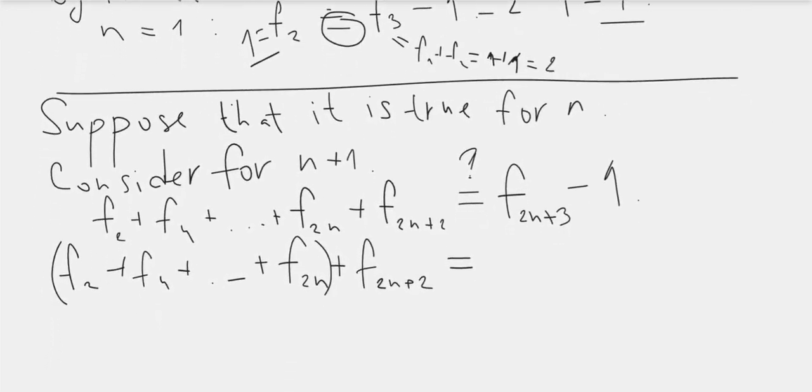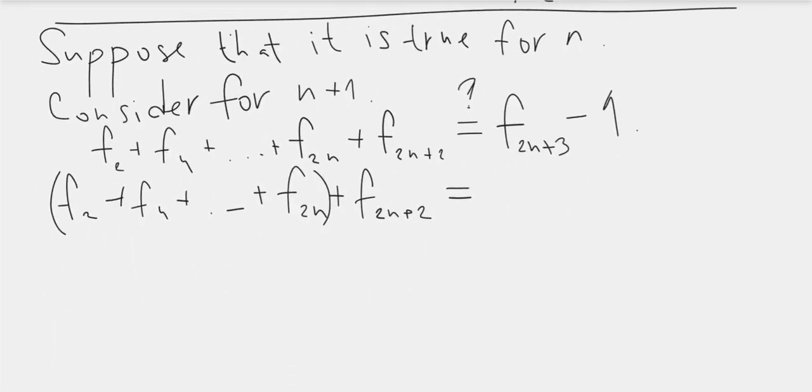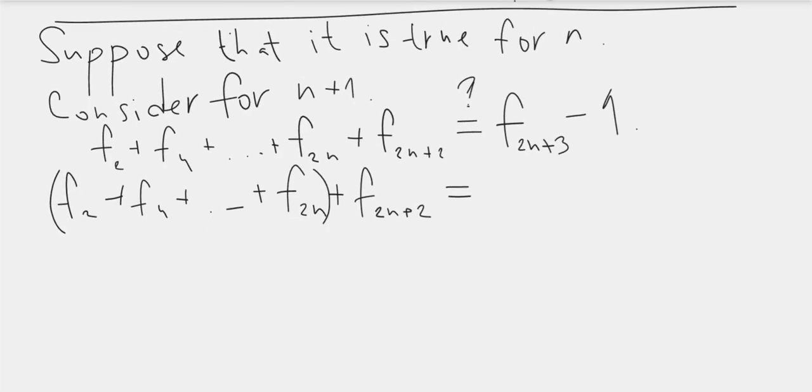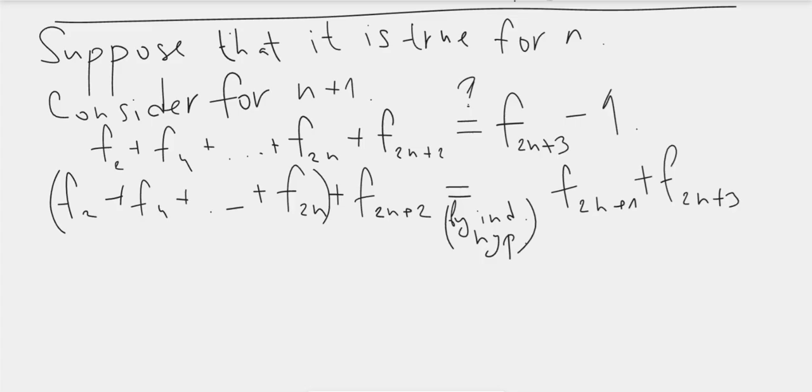So we write that this is equal to, by inductive hypothesis, f2n plus 1 plus f2n plus 2.